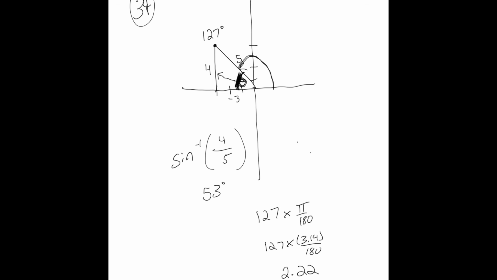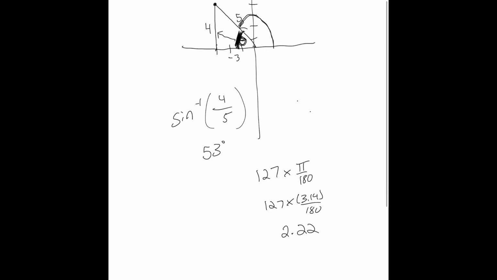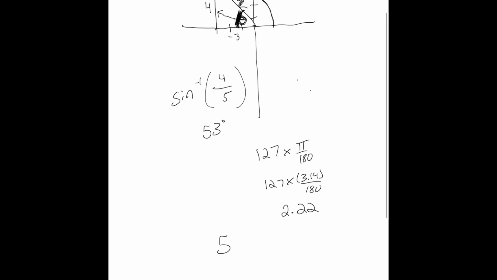Okay, so we have our radius of 5, and we have our radian of 2.22. That's one polar coordinate. Let's come up with another one.